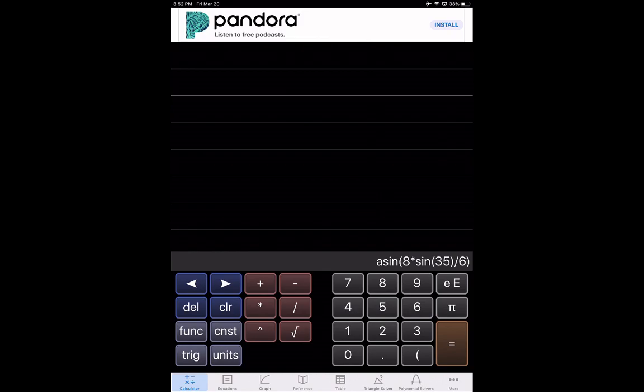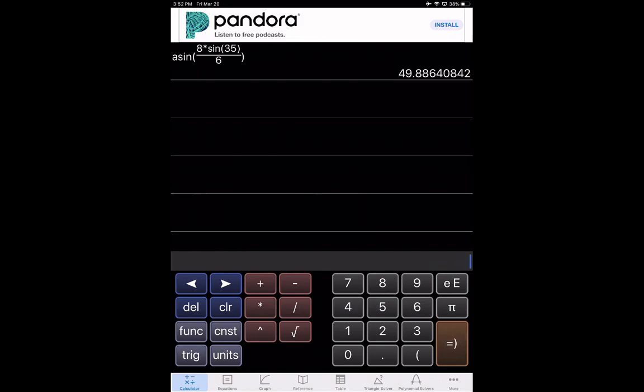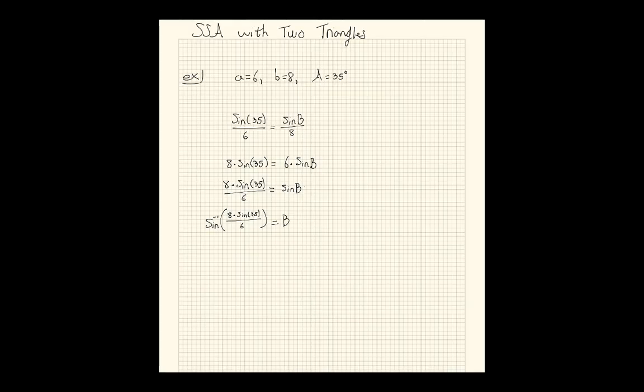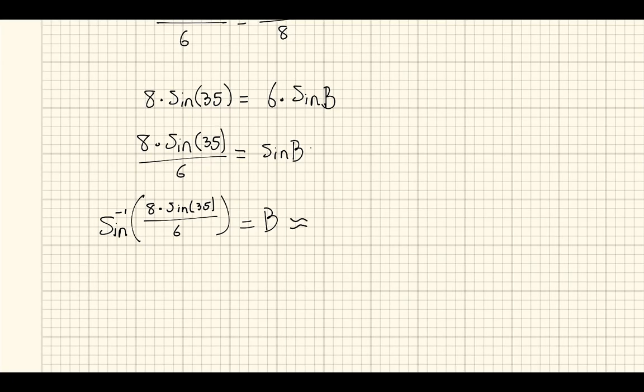Okay, inverse sine of 8 times sine 35 over 6. Enter. I get 49.88. We'll round that to 49.9 degrees. Now, the issue is there's another angle that has the same sine.